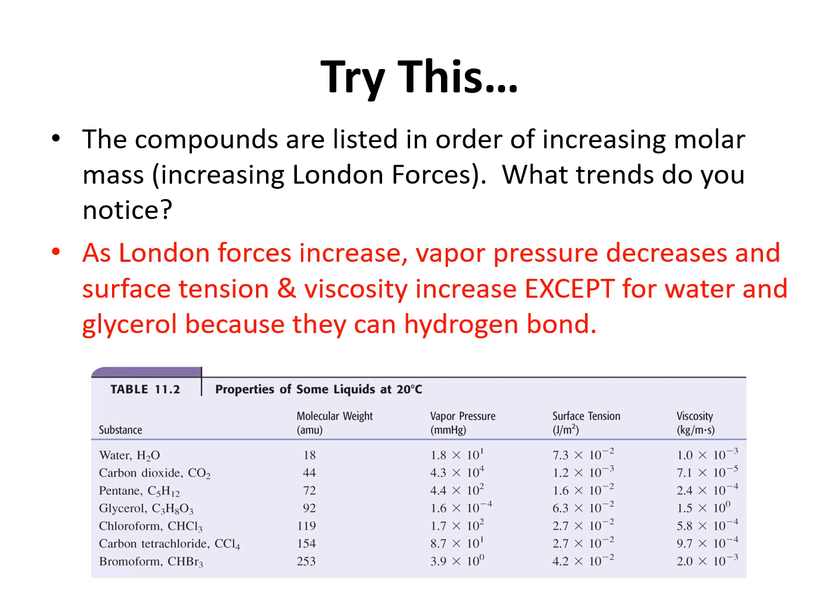And this is the case except for substances that can hydrogen bond, like water and glycerol. They are going to have much stronger forces of attraction than other molecules of the same size, and therefore their properties will not follow the exact same trend as the others.